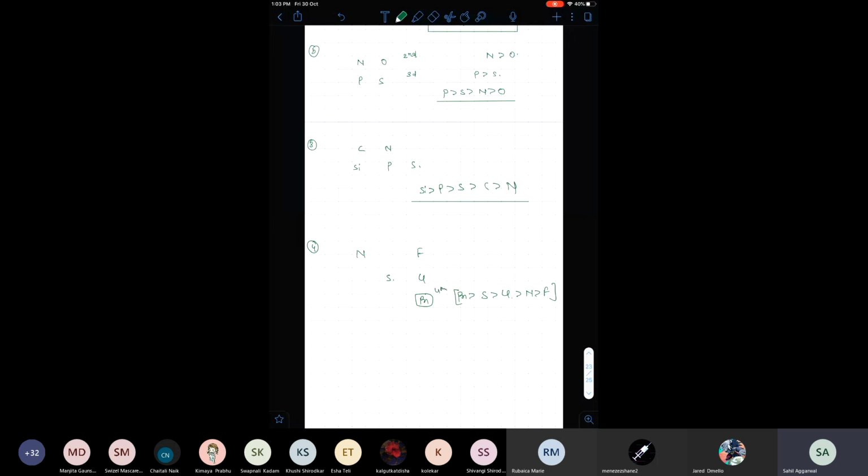Any doubt to anyone in this? There was some exception for nitrogen, not for size.